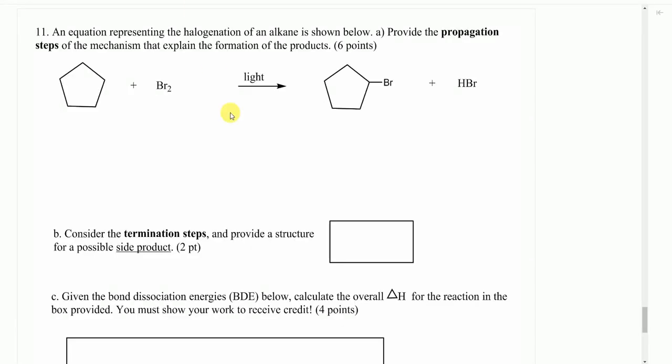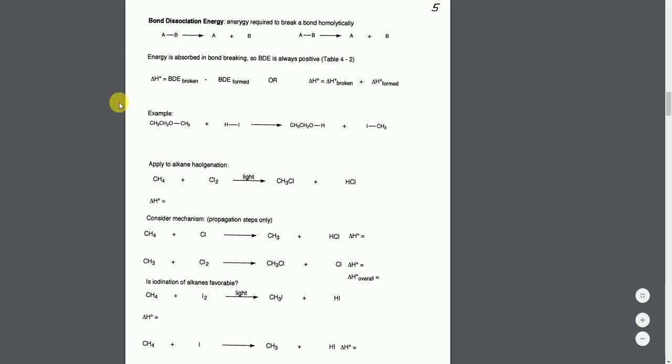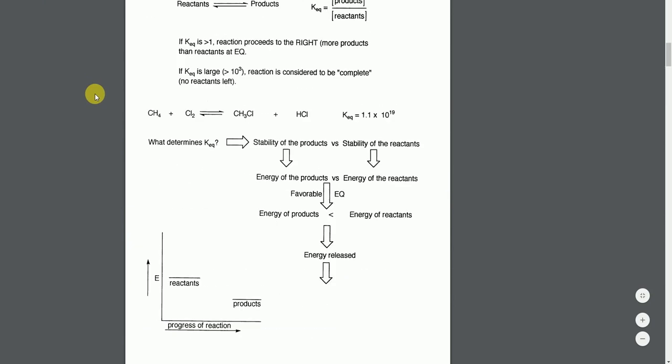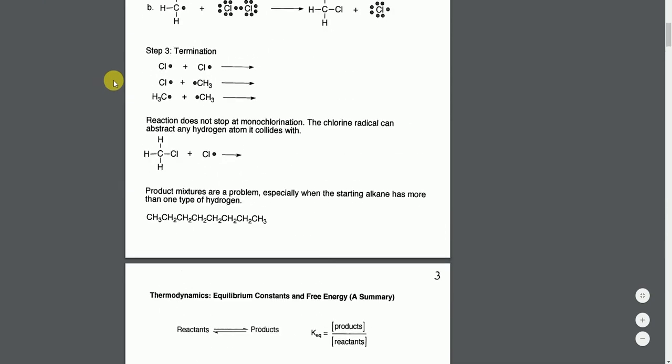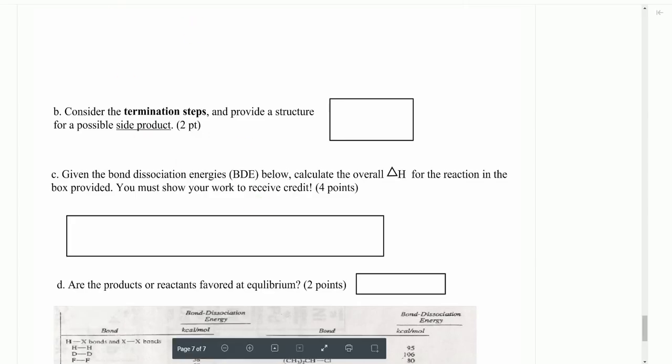Now, the next step says consider the termination steps. Provide a structure for a possible side product. And so what did she say, right? What did I show you guys? So possible side products is termination, right? So either you have the Br2, which is already there, and then we have the product that we want, and then we have the radical of the molecule reacting with itself, right?